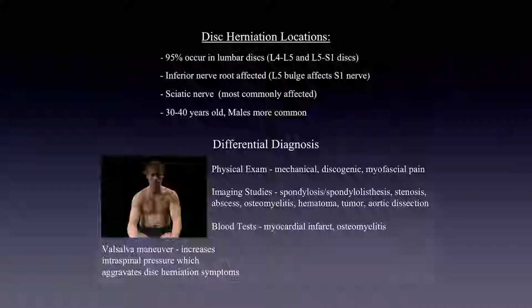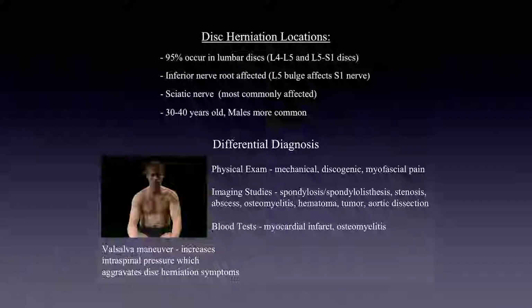And then obviously if there's an abscess, myelitis, hematoma, tumor, etc., or even aortic dissection, your blood test, if you do blood tests, just giving you information that's out there, myocardial infarct and osteomyelitis are going to show up in your blood test. So if you do blood testing, know that those are things that you want to differentially diagnose.